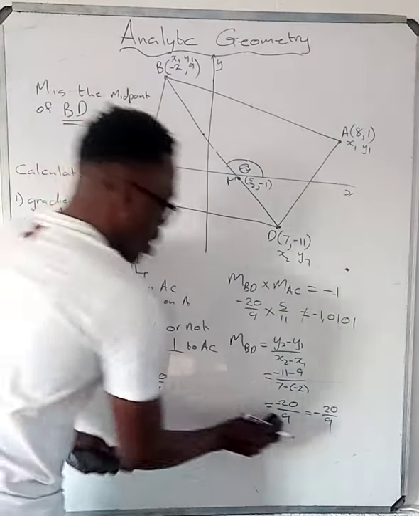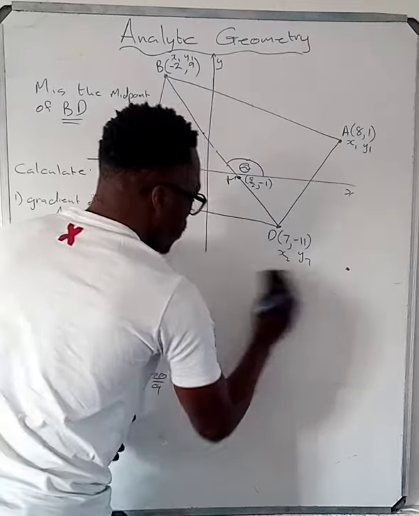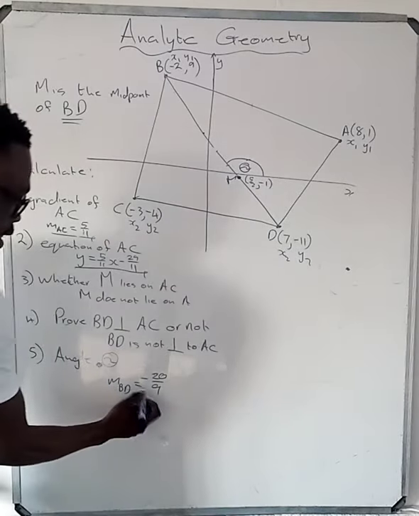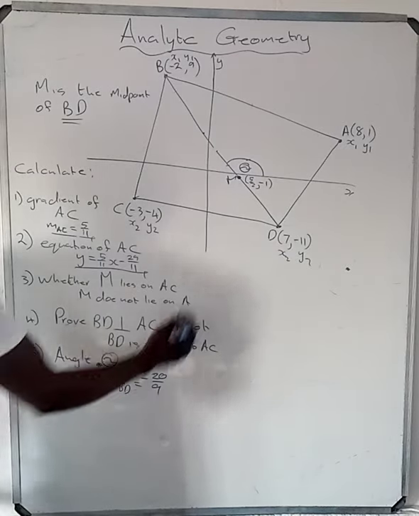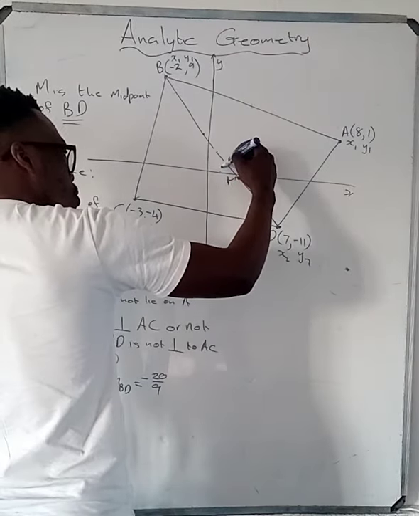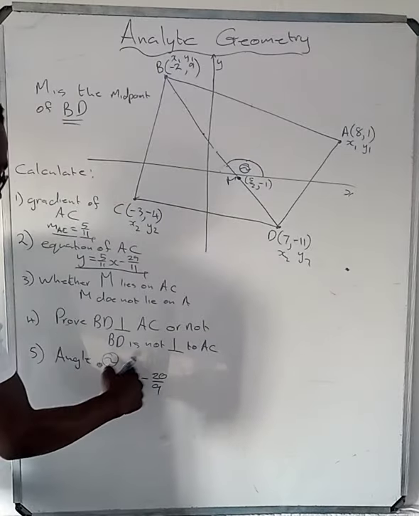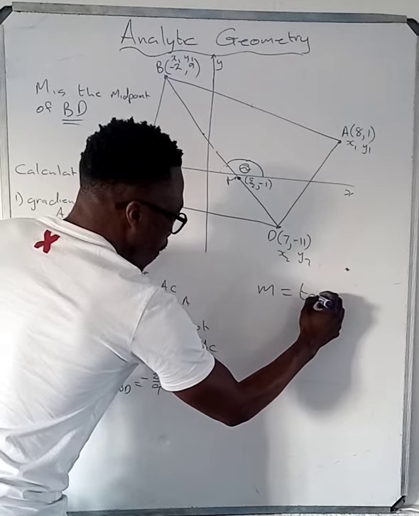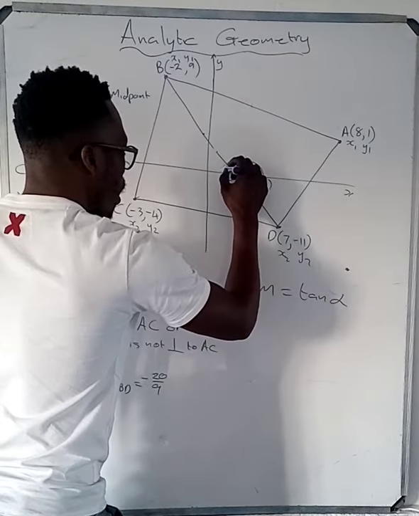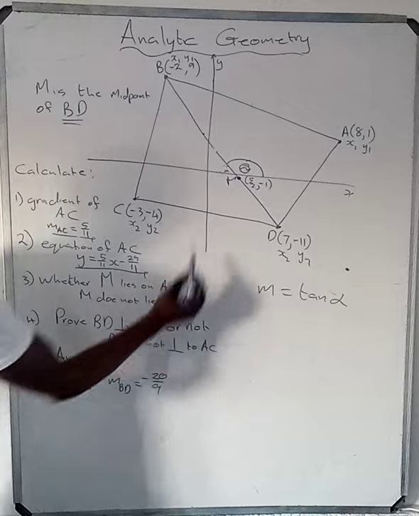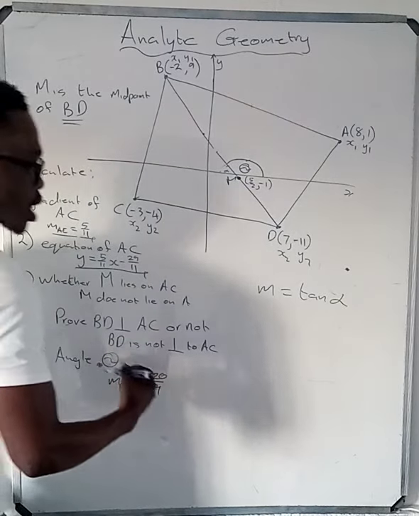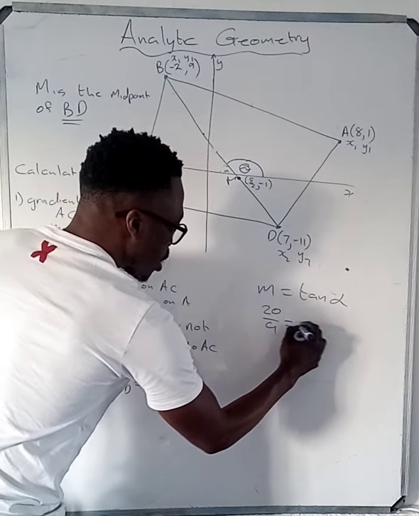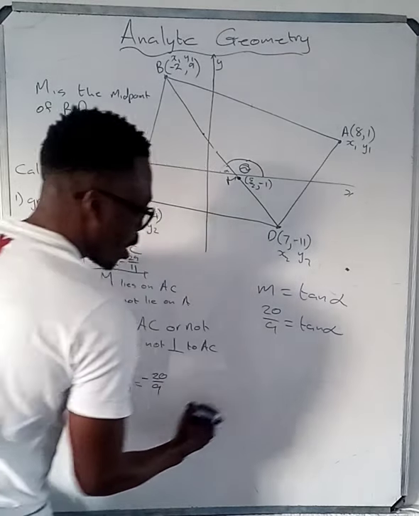Because the gradient is negative, the angle is obtuse, so we find the reference angle first. The gradient 20 over 9 equals tan alpha.